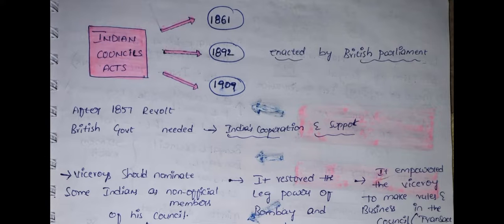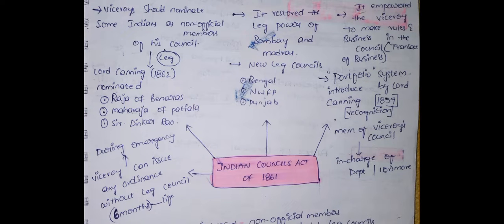First is the Indian Councils Act of 1861. The first feature of this act was that the Viceroy should nominate some Indians as non-official members in his council.